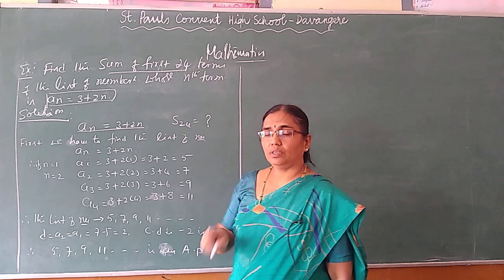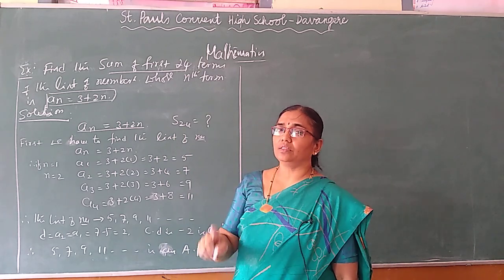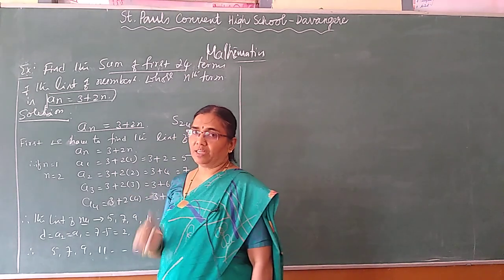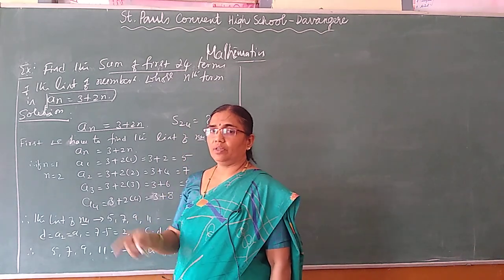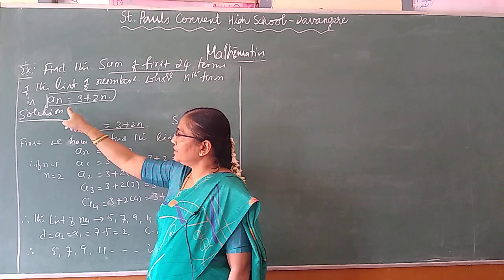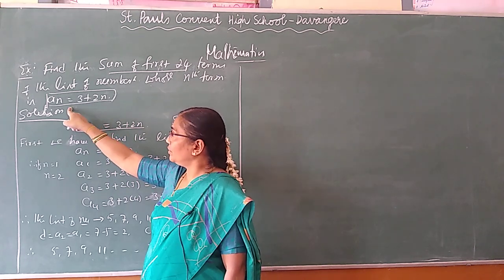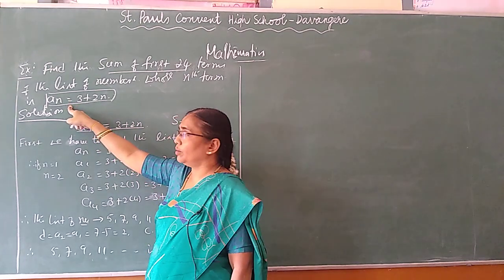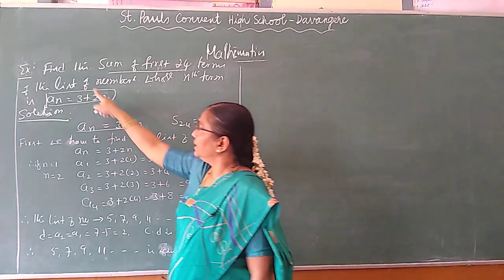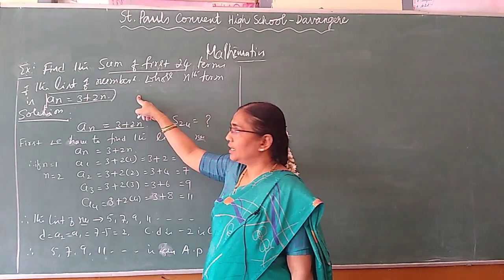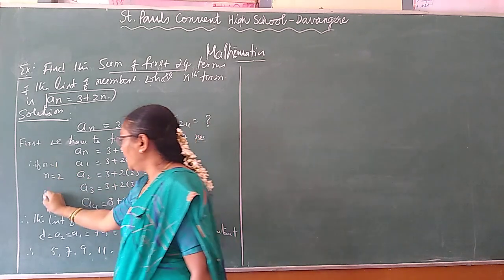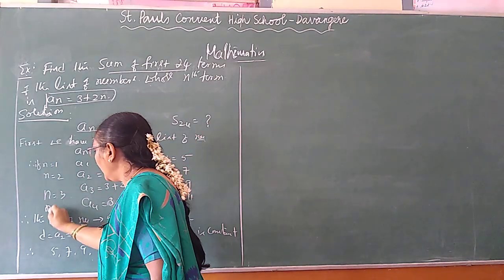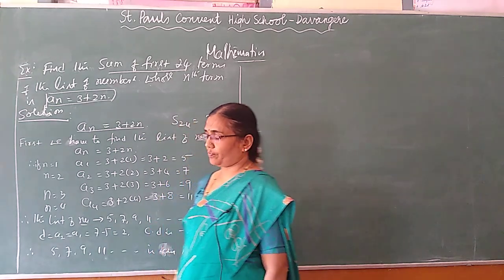Now, they are not given the list of numbers, but they are given the general form of the numbers, that is the an form. With this general form, you have to find the list of numbers by taking n is equal to 1, n is equal to 2, n is equal to 3 and n is equal to 4.